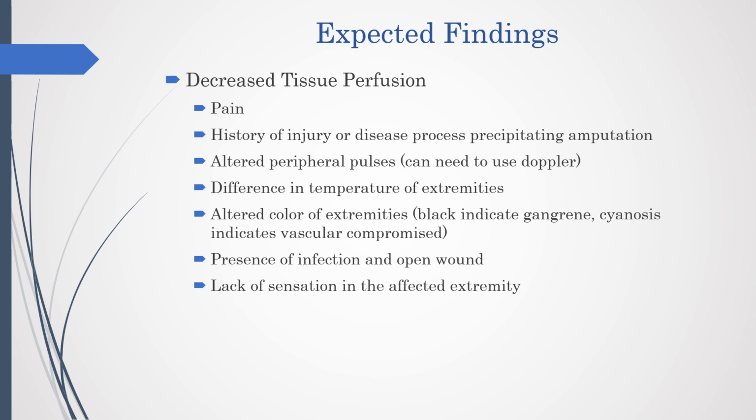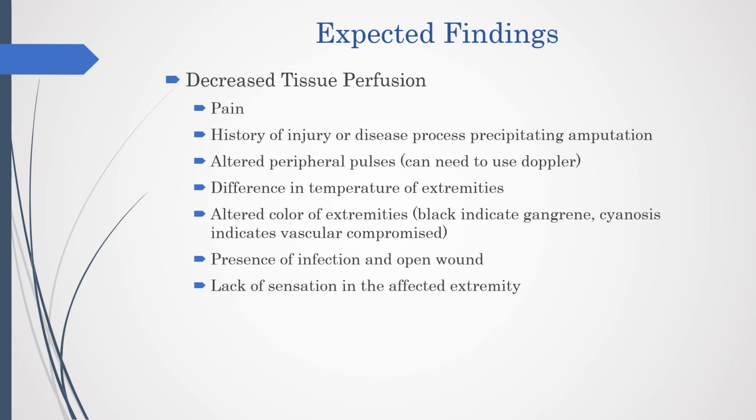The patient usually has decreased tissue perfusion and complains of pain. They have a history of injury or disease process leading to amputation, like diabetes or vascular disorders. Altered peripheral pulses are another symptom that you can find during your assessment.